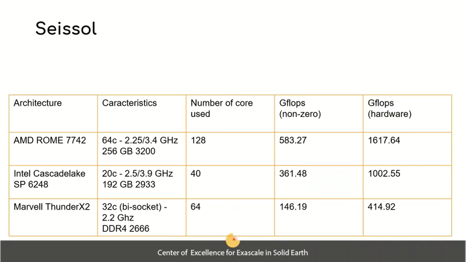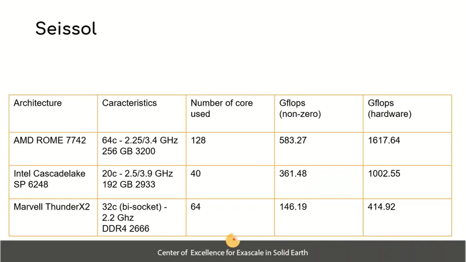So here are some figures with metrics given by the application. The first one is on AMD Rome, the second on Intel Cascade Lake, and the last one on the Marvell ThunderX2, which is ARM-based.